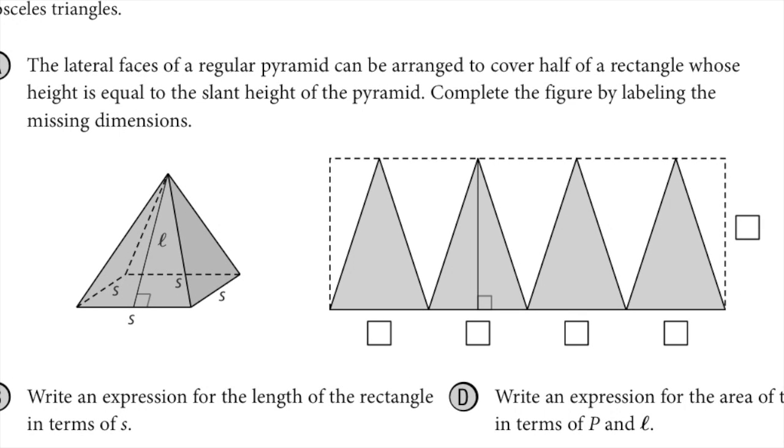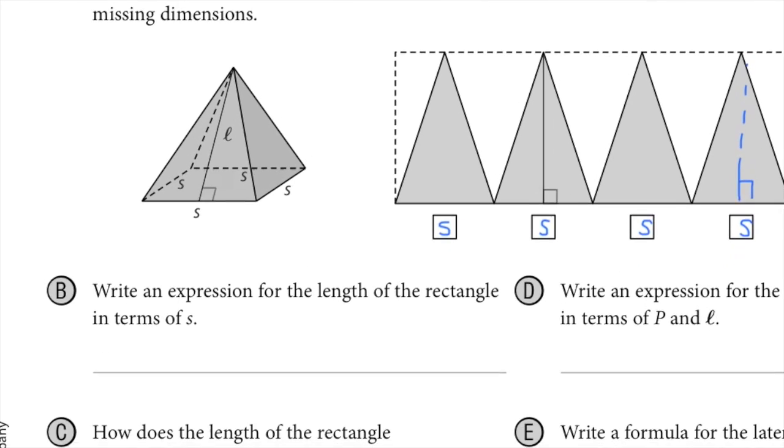The square base, or the regular quadrilateral base, is going to have S as sides all the way across. And you can see that the perpendicular height, it's drawn in, but I'll draw it in another time, is the same as the slant height. That's if I were to draw on the outside of the pyramid, the slant height.